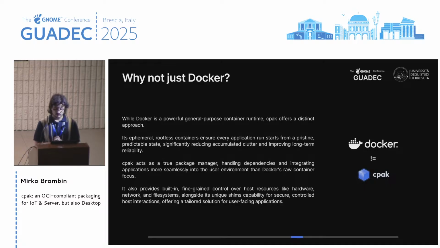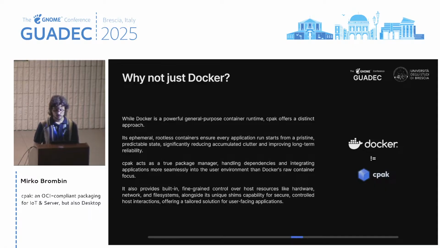So what's the big difference between Docker and cpak? Docker lets you configure everything like an environment: environment variables, configurations, and all the stuff. With cpak, we do it using a permission style, which is very similar to the one in Snap or Flatpak. And we automated a lot of stuff that you would do manually using Docker or Podman.